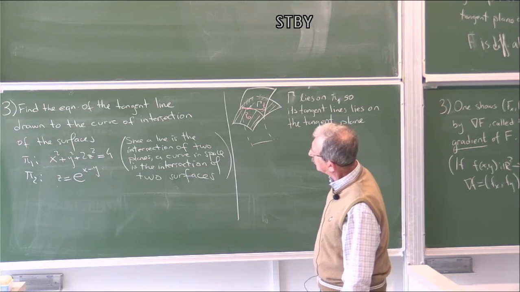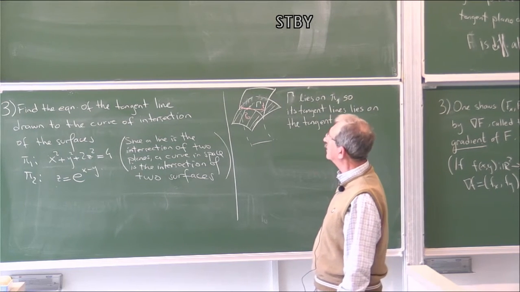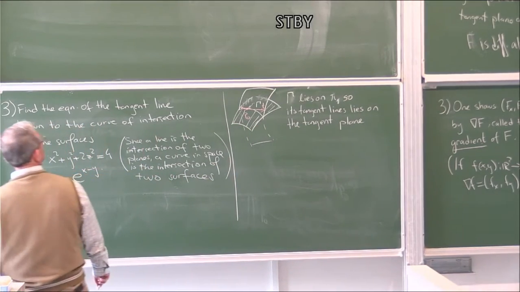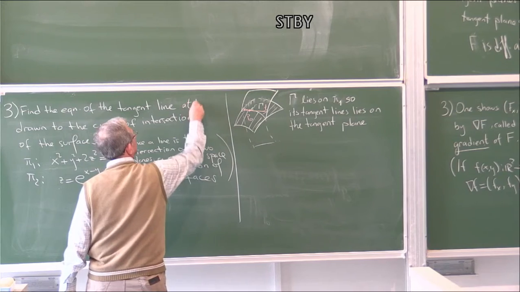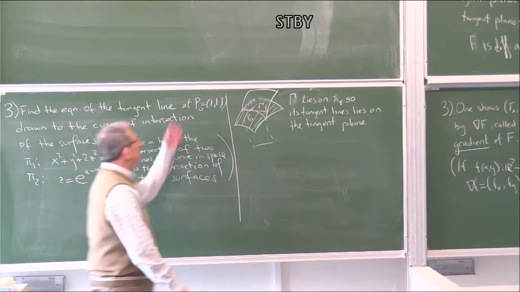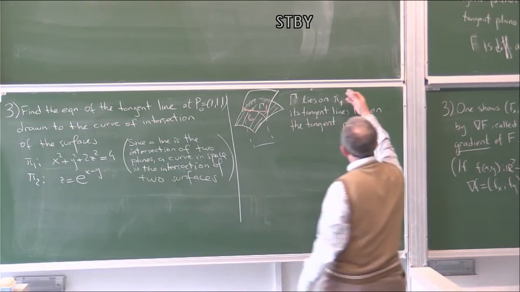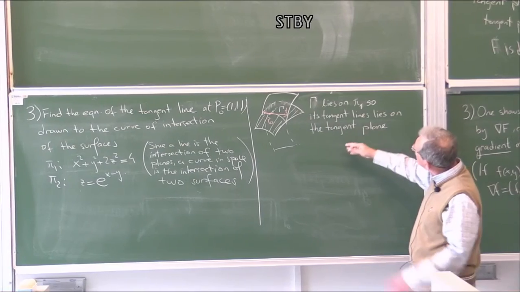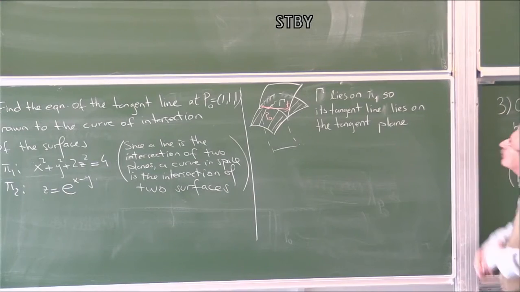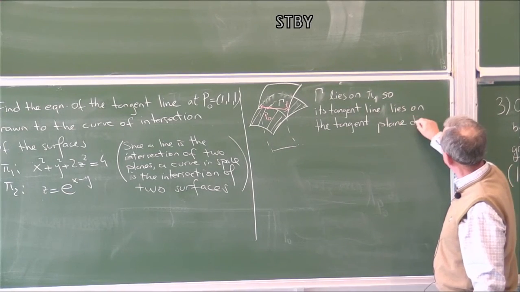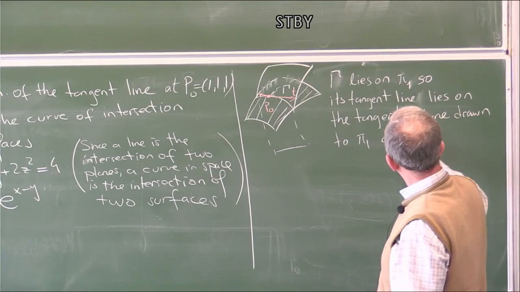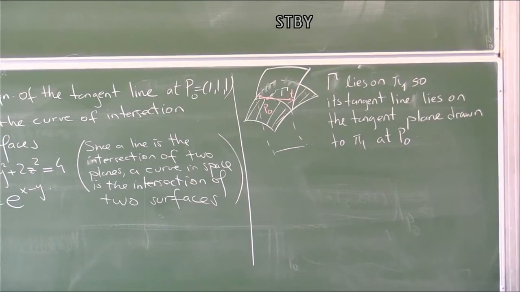Actually, I should give a point as well. We can calculate that in general, but maybe I should say at P0. So we have a P0 here, and gamma lies on pi1. So its tangent line lies on the tangent plane drawn to pi1 at P0. Now this tells us the following.